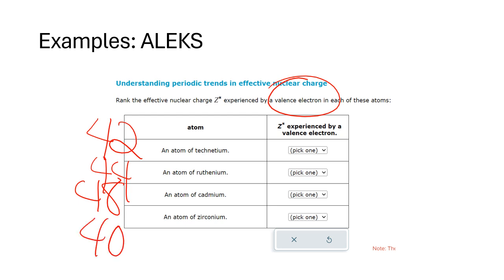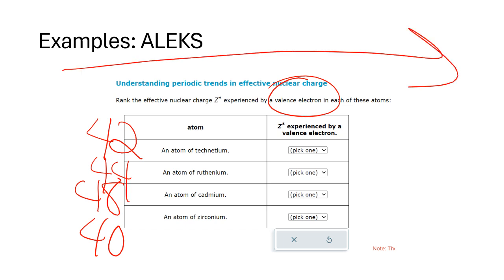So the highest nuclear charge is going to be the one to the most right. And so we can look at this, that has 48 protons. So this is going to have the highest nuclear charge. The next one over to the right is ruthenium, then technetium, then zirconium.